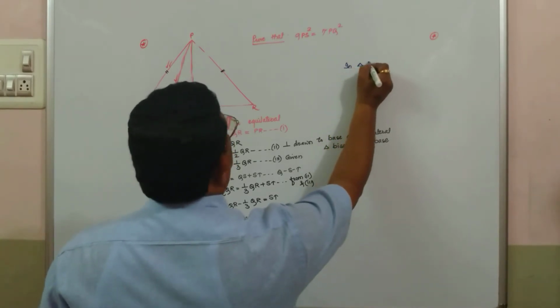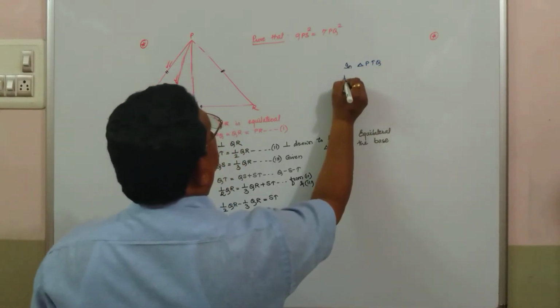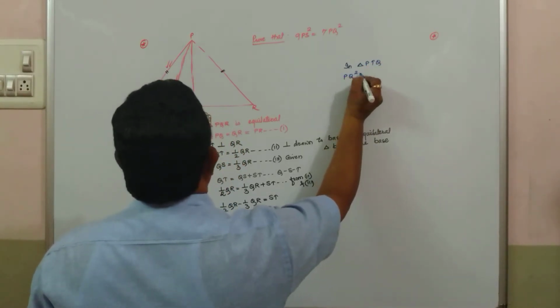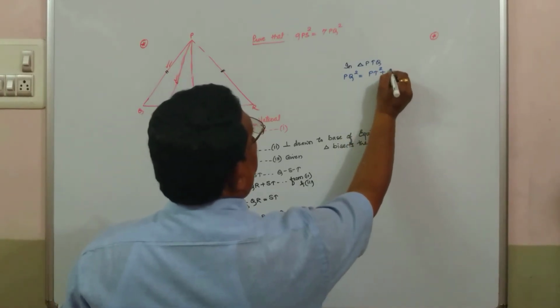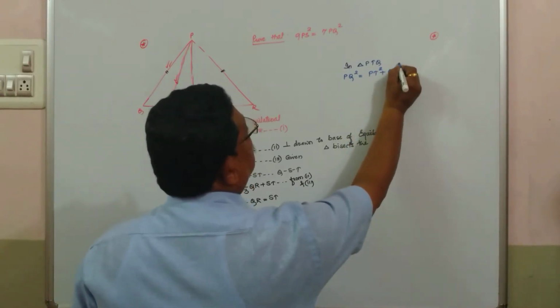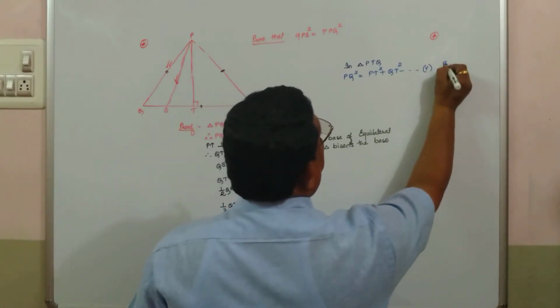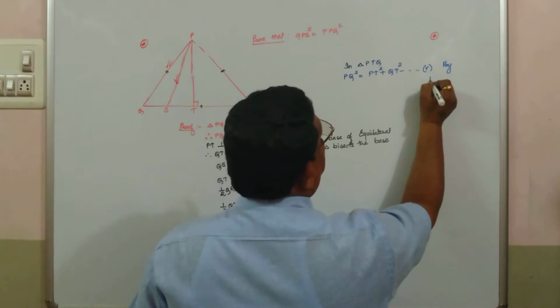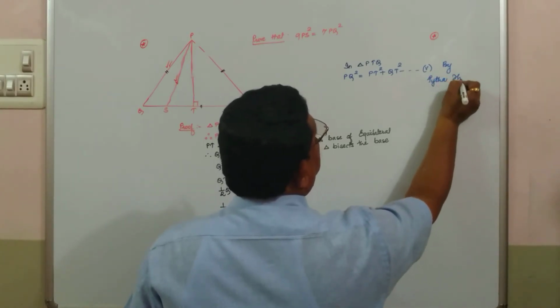In triangle PTQ, PQ square equals PT square plus QT square. This is again by using Pythagoras theorem.